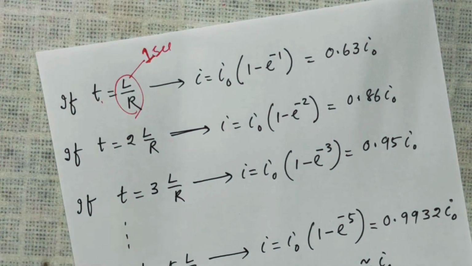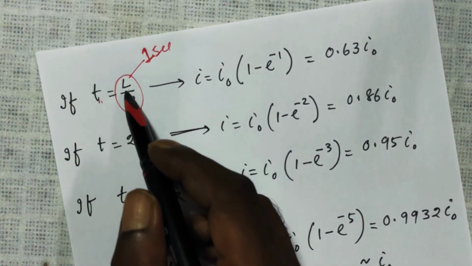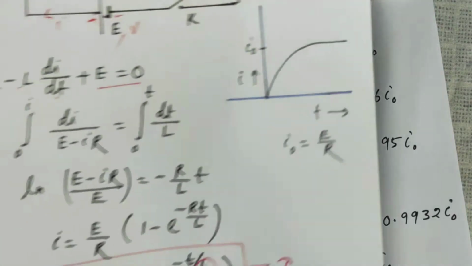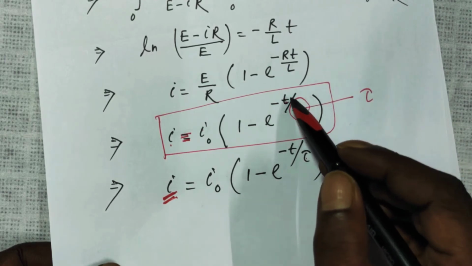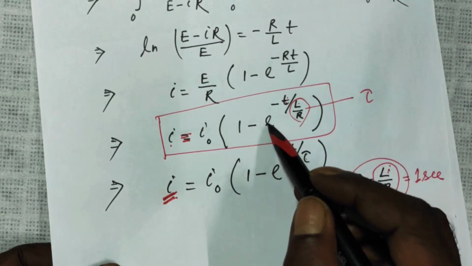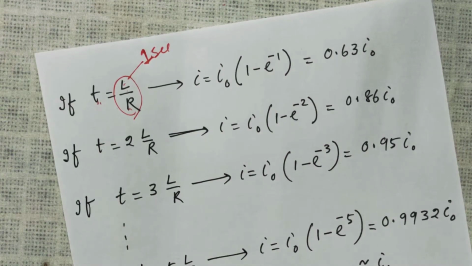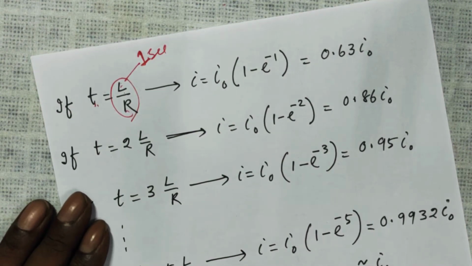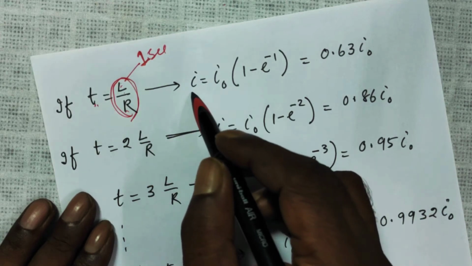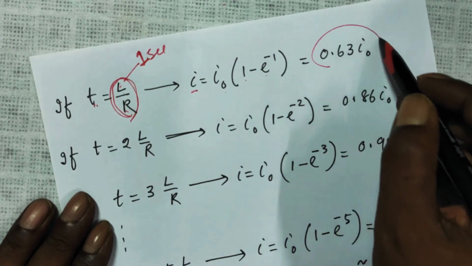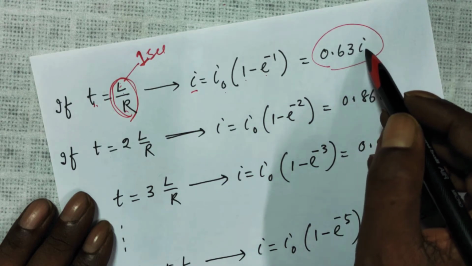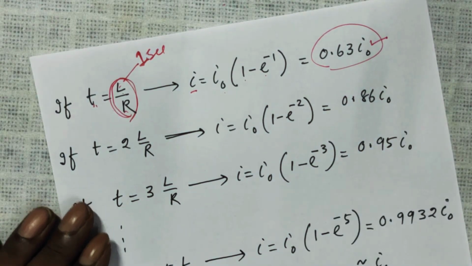Then if you put t is equal to L by R, L by R cancels, we are left with e to the power minus 1. So your current after this much time, your I becomes I naught (1 minus e to the power minus 1). This comes out to be 0.63 times I naught, right?